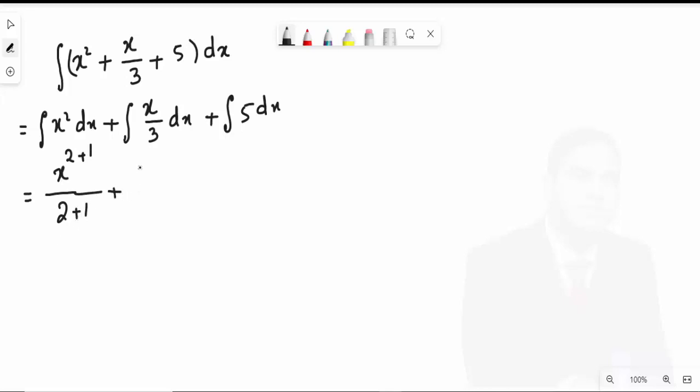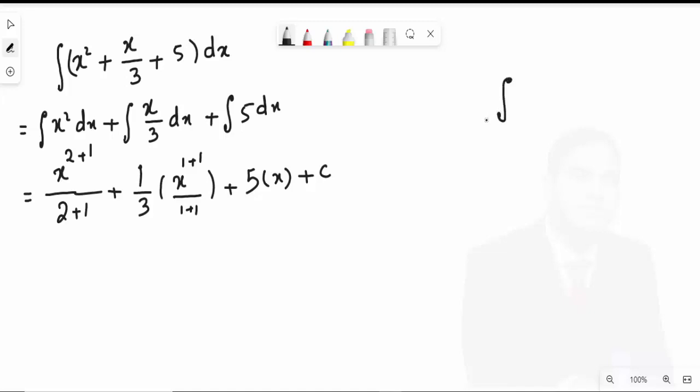Plus in this we will find out this 1 over 3, and it will be x. The integration of x is x raised to 1 plus 1 over the same number in the denominator. Plus integration of any constant number is x, because we are doing it in x, then plus c.